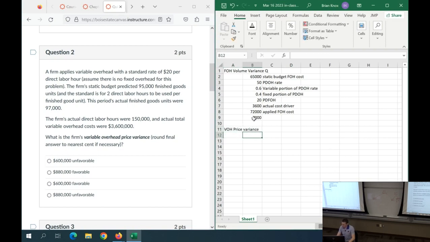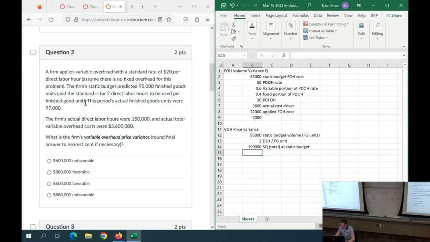We may or may not need this, but just in case, we have static budget volume of 95,000 finished goods units, and there should be 2 direct labor hours per finished goods unit, DLH per FG unit, which means that at the static budget, we would have predicted 190,000. That's the standard quantity at static budget.